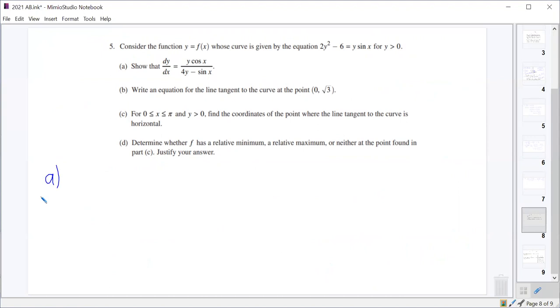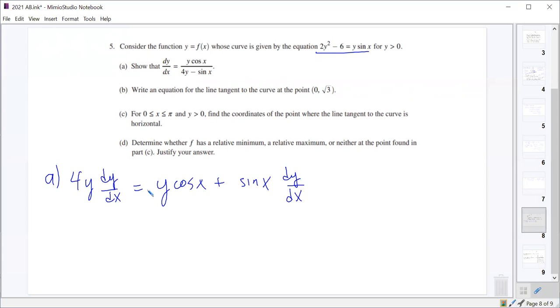All right, part A, show that the derivative of this thing is this. That's pretty easy, I hope. Take the derivative of this with respect to x, so 4y dy dx, right, implicitly, minus 0, equals the derivative of y sine x. We'll use the product rule, so y times the derivative of sine plus sine times the derivative of y. Everybody go with that?